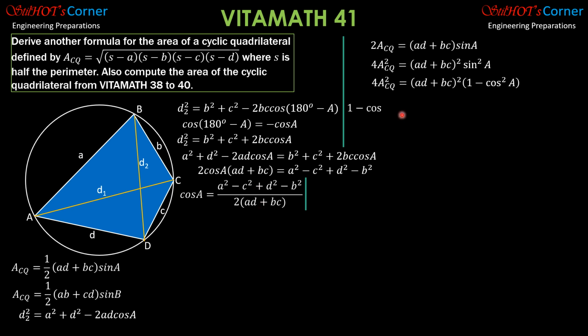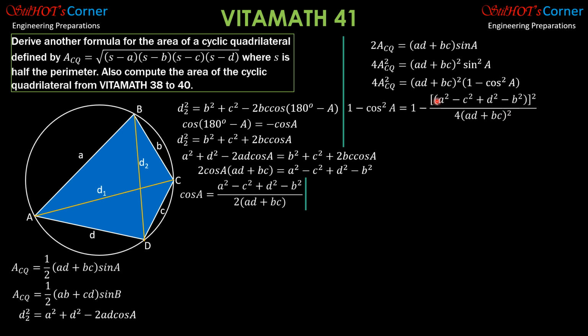So 1 minus cosine squared of A is equal to 1 minus, then we square this because this is cosine of A: quantity A squared minus C squared plus D squared minus B squared, close square, all over the square of the denominator, which is 4 quantity AD plus BC squared. So that's the value of 1 minus cosine squared of A.